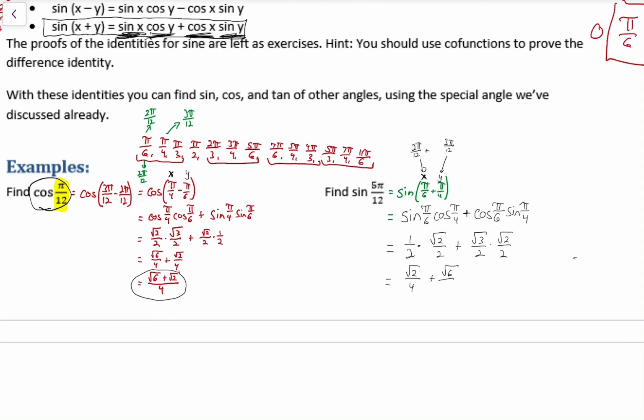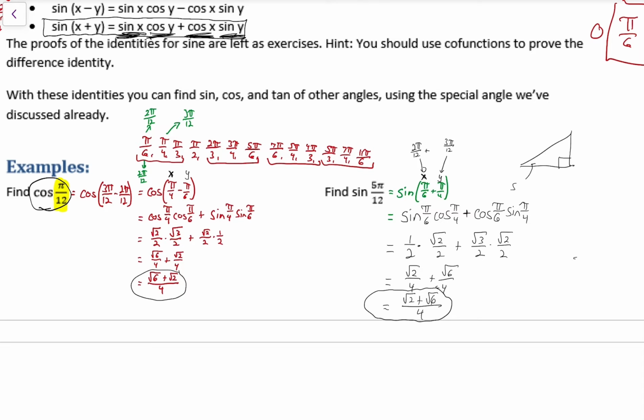which actually is exactly what we got for the last one, which seems strange, maybe, but it is correct. Now, not all of our answers will be root 2 plus root 6 over 4. The reason those two are the same is because if you think of a right triangle, that's 90 degrees.